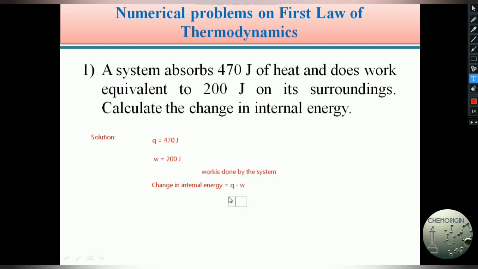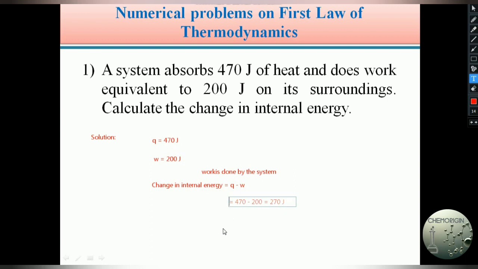Given Q equals 470 joules minus given W equals 200 joules. Therefore, 470 minus 200 equals 270 joules. So this is the change in internal energy.